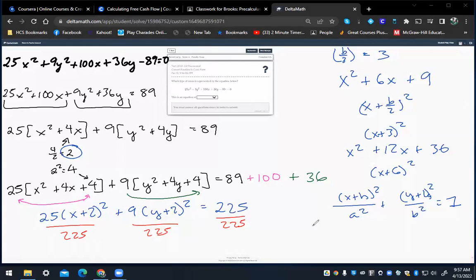All right. So anyway, the final answer is going to be x plus 2 squared over 9 plus, am I doing that right? 225 divided by 25 is 9, right? Okay, just checking. I'm just simplifying, 25 over 225.